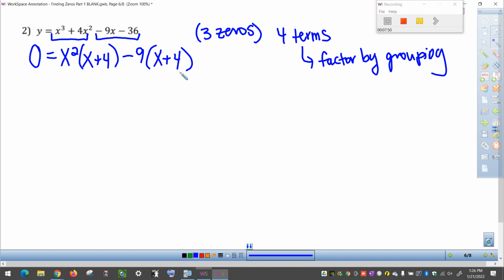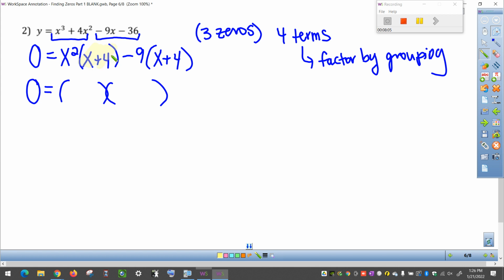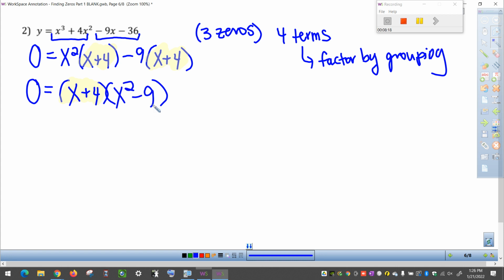We know that the parenthesis part has to be exactly the same. Whatever was in the parenthesis part that was the same, that is how we are going to fill in the first parenthesis of our final answer. So we'll go ahead and fill in the x plus 4 here, and then the x squared minus 9 is going to be listed second.